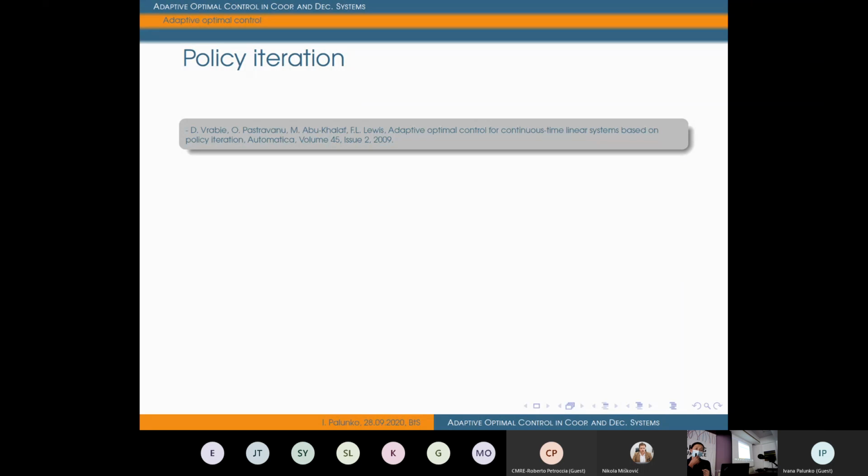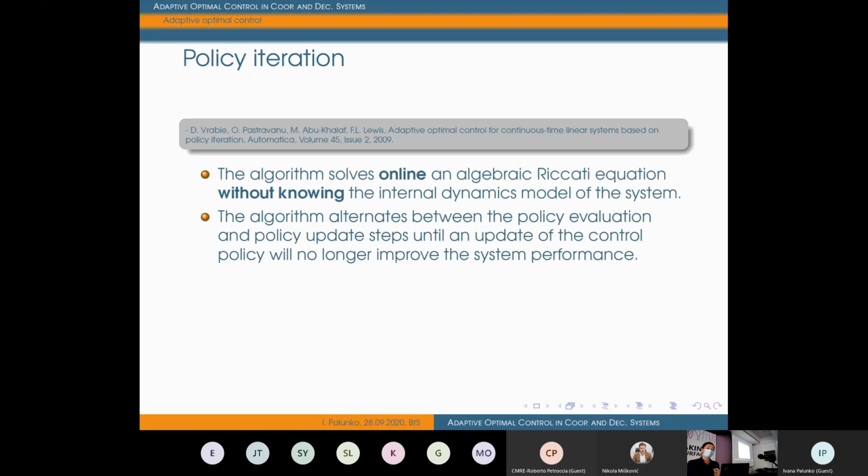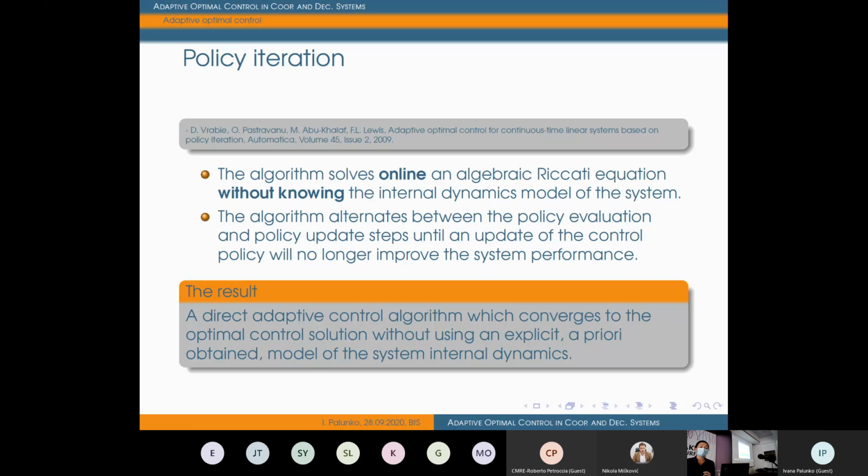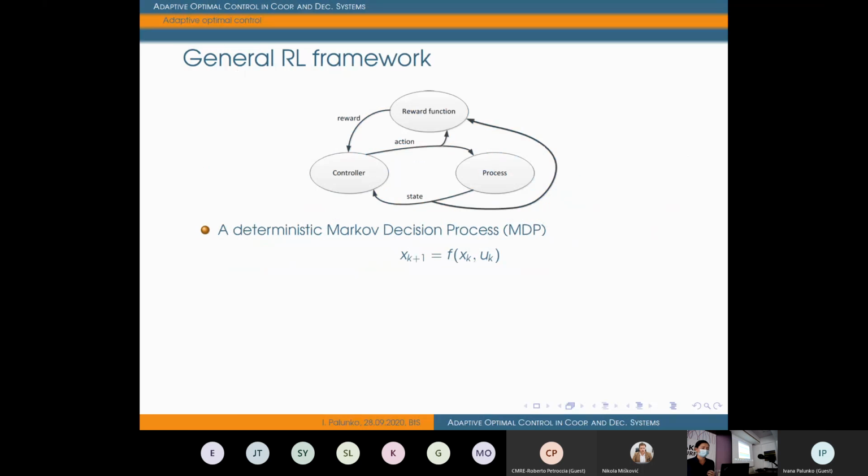This paper by Frank Lewis from 2009 outlines that policy iteration basically solves the adaptive control problem directly in an optimal way. You can use something else; this is just one of the ways to do it. The trick here is that, depending on what you're using, you can even use it without knowing the system's dynamics.